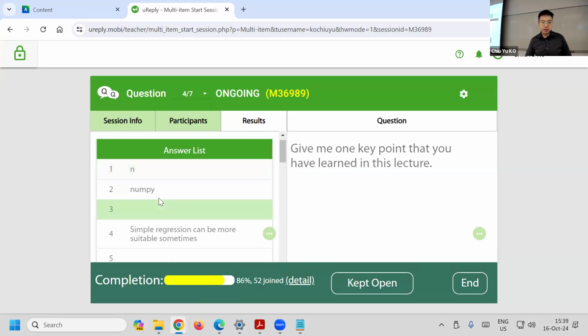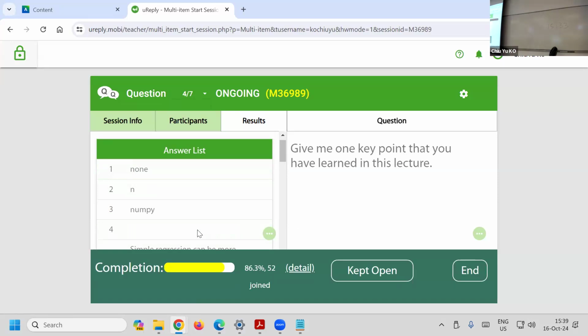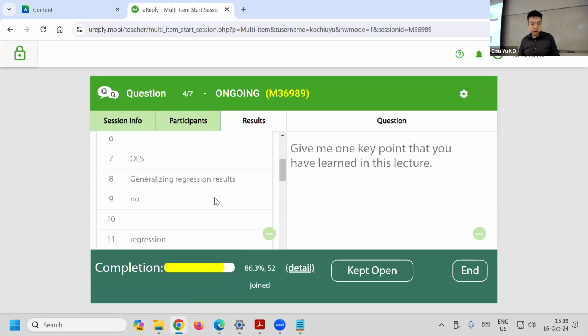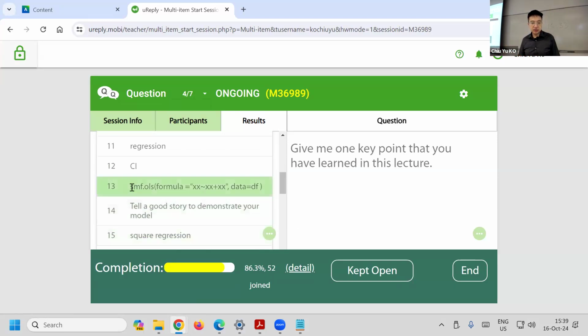NumPy. Yes. So yeah, simple regression can actually be better than machine learning. That's one of the things we have to warn you about, because you don't have to use a very complicated tool. Sometimes a simple tool works better. And yes, this is the formula that we will use all the time when we have multiple regression: smf.ols with formula Y ~ X1 + X2 and so on.